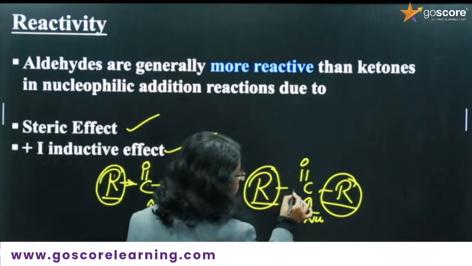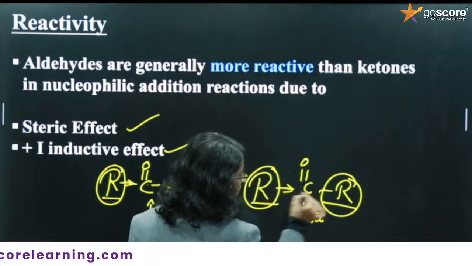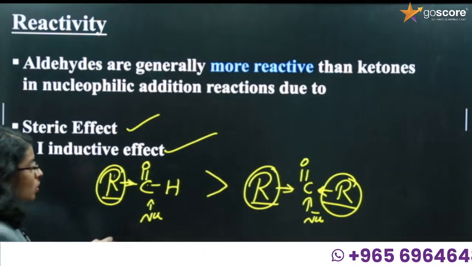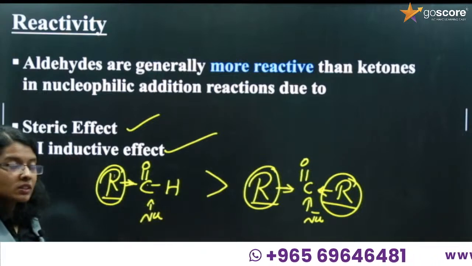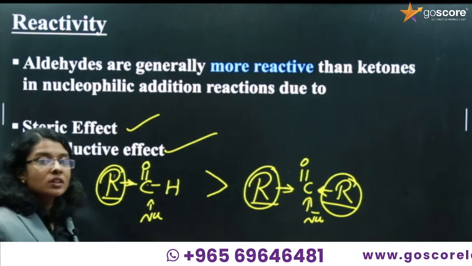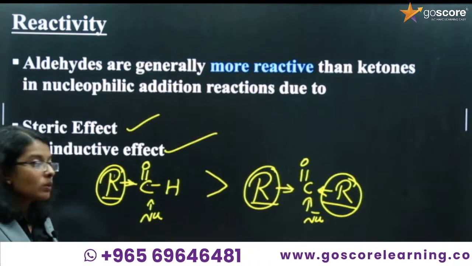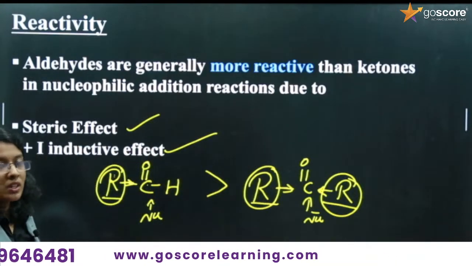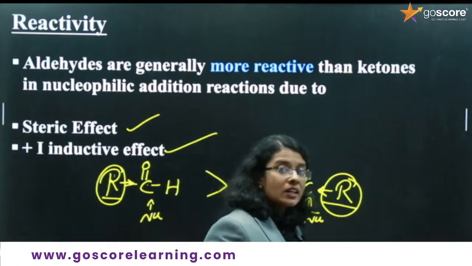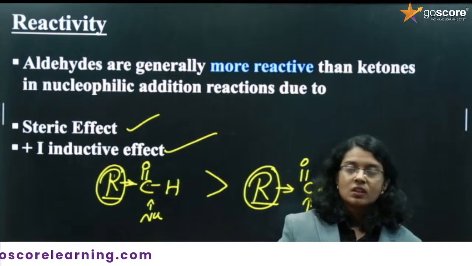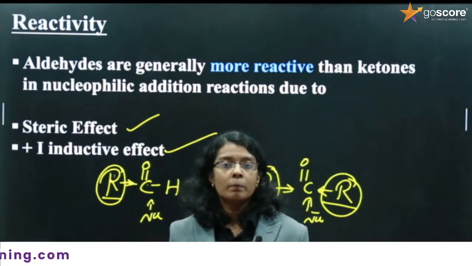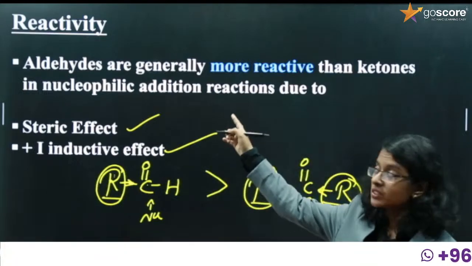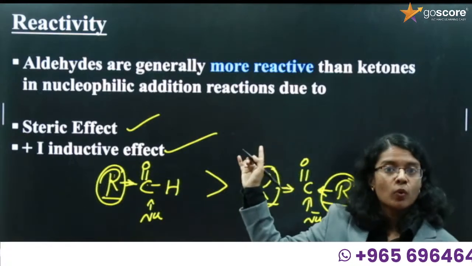Here there are two alkyl groups, so electrons will be released from both sides and the carbon will be electron rich. The nucleophile is also negatively charged, so the reactivity is more on aldehyde than ketone. So why is aldehyde more reactive than ketone? Due to steric effect and plus I inductive effect. I hope this is clear. This is an important question that may be asked in your board exam.